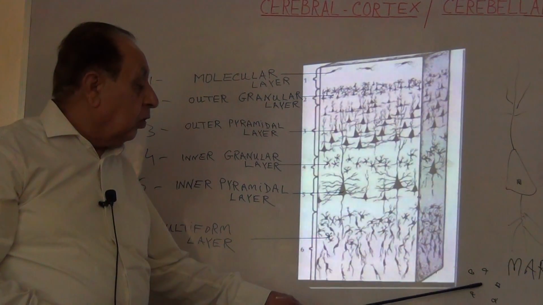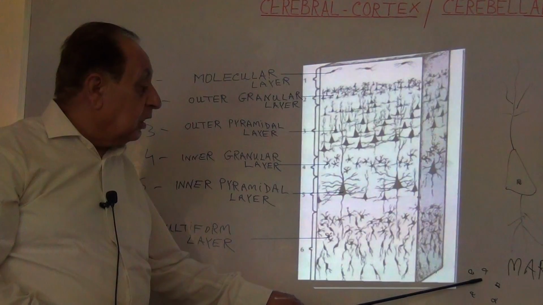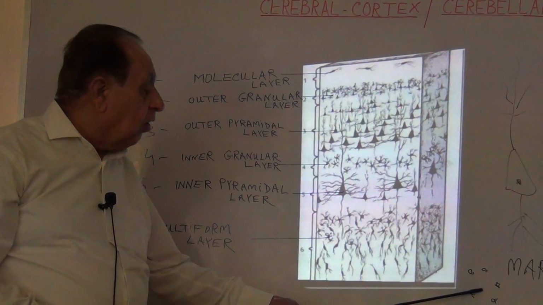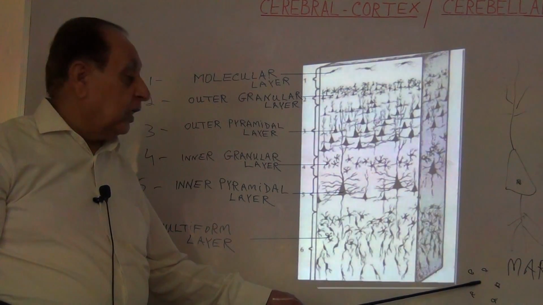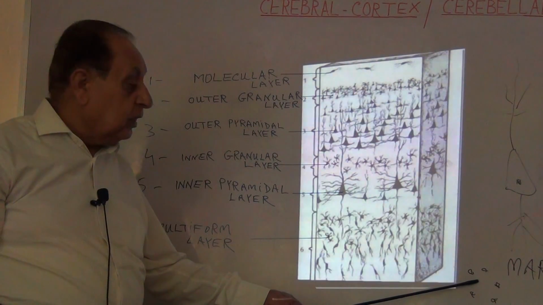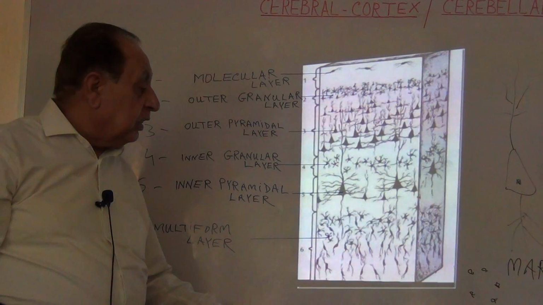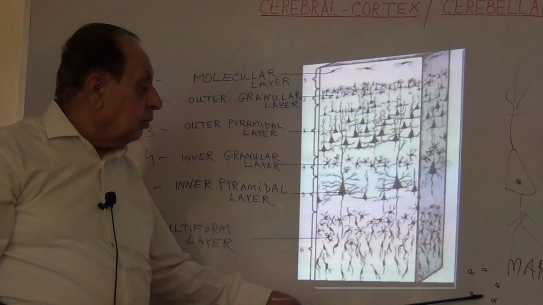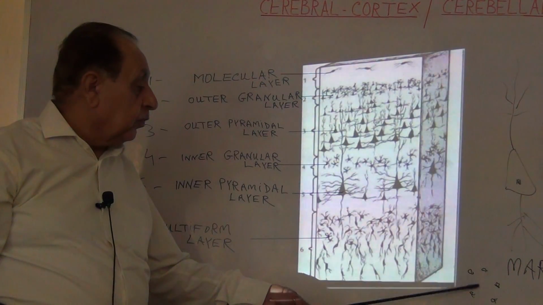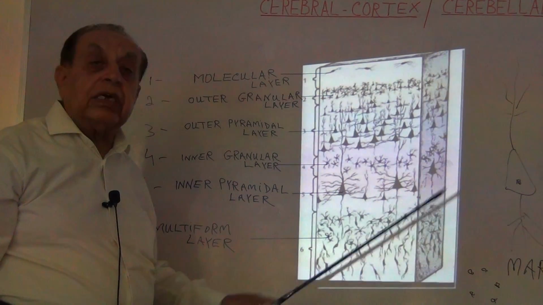Here the dendrites of these granule cells synapse with the axon coming from the lower portion. So that is the synaptic region here.